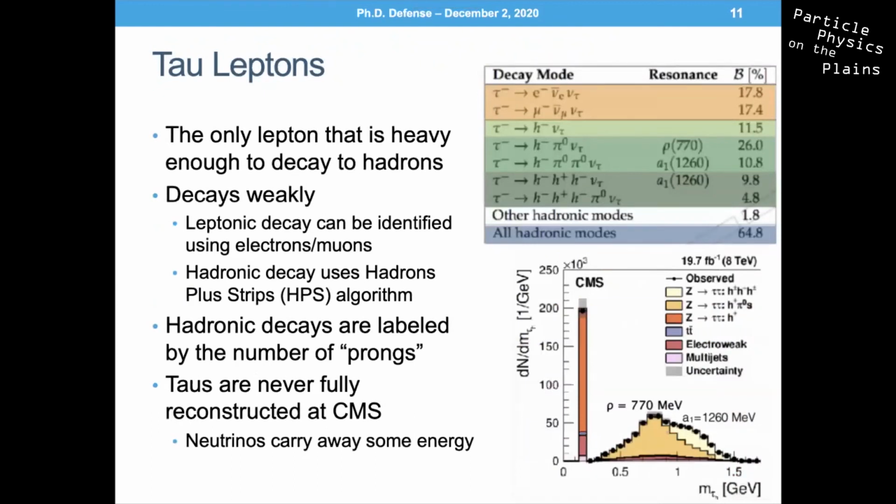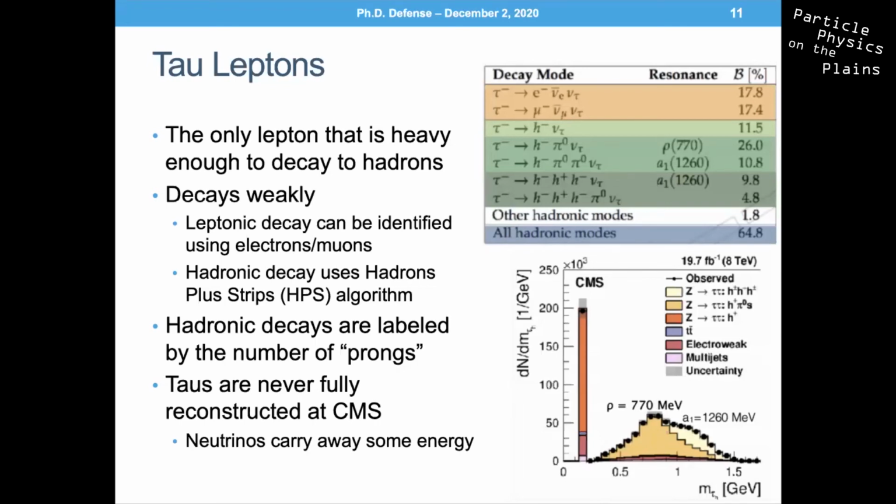Not included on that last diagram are the tau leptons. That's because the taus are heavy enough to decay inside the detector. They decay weakly, meaning they can decay leptonically into electrons or muons and neutrinos, as is shown in the orange colored box at the top right. And they can also decay hadronically. The hadronically decaying taus we identify using the hadron plus strips algorithm. What that does is identify the taus and describe them using different numbers of prongs.